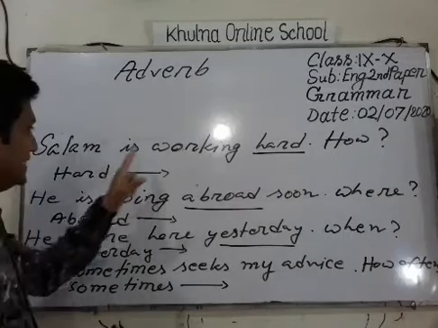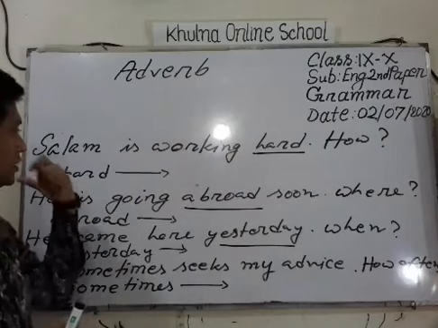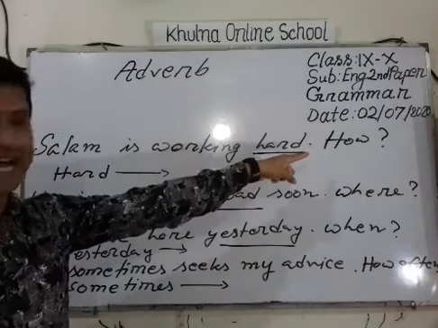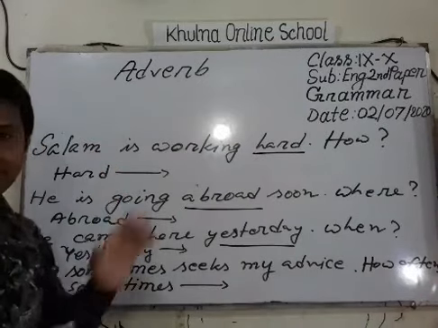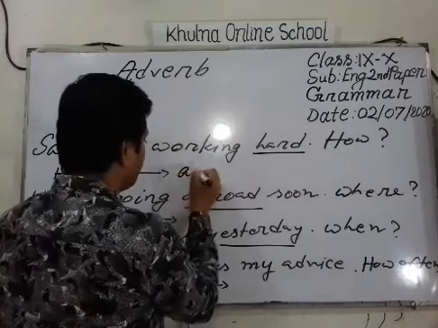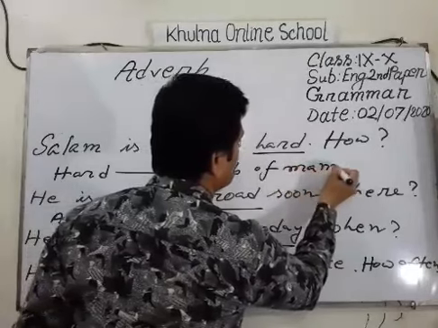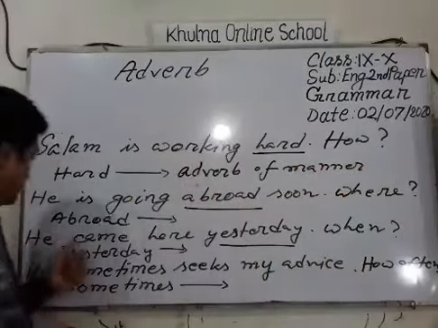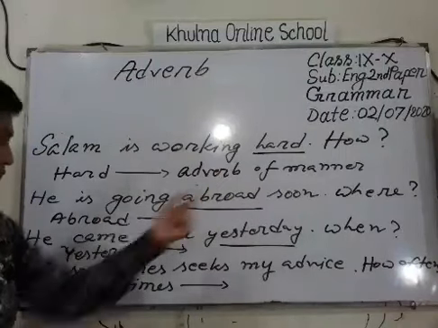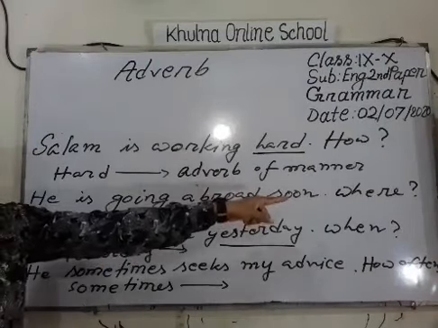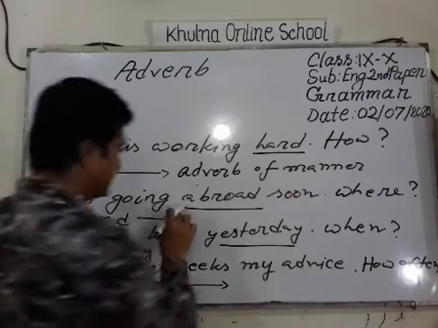Students, in the first sentence, hard will answer the question of the word how. This is an adverb of manner. But if you ask where, abroad will answer the question, and this is an adverb of place.